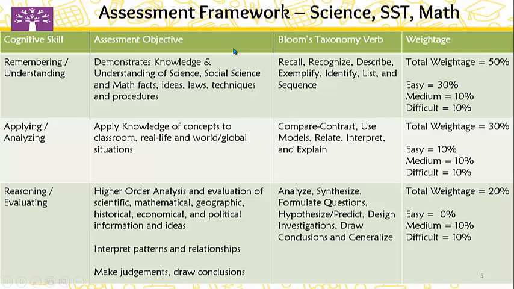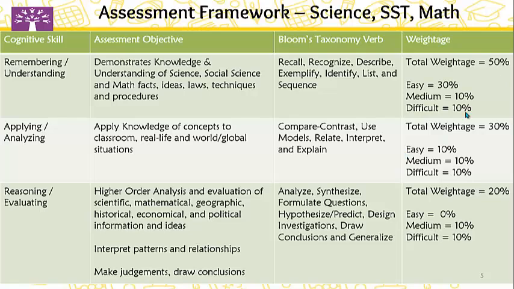50% of the paper, as we know, contains knowledge-based questions that focus on testing, remembering and understanding skills in students. Of this 50%, 30% will be easy, 10% will be medium in difficulty, and 10% will be difficult.